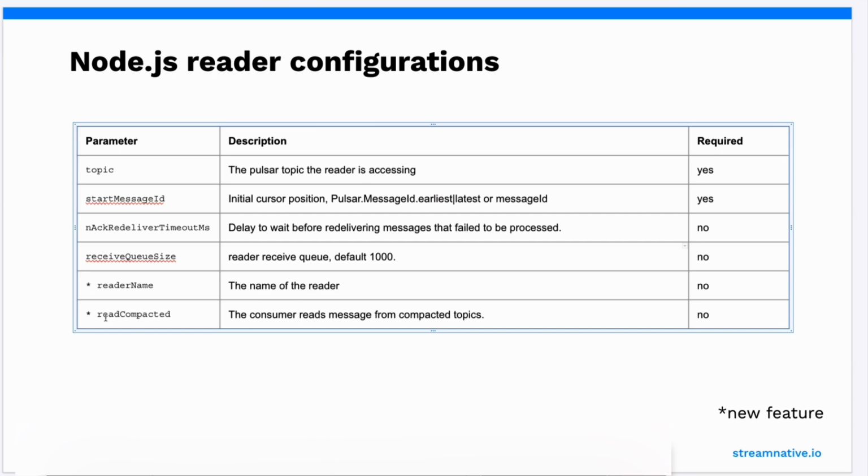So to use read compacted, there must be a key, a partition key. If there's no partition key, there's no way to compare the data, no way to get the latest message, because there's nothing you can compare. The whole compare idea is based on the key. So be careful: this only works for a partitioned topic with a key shared.